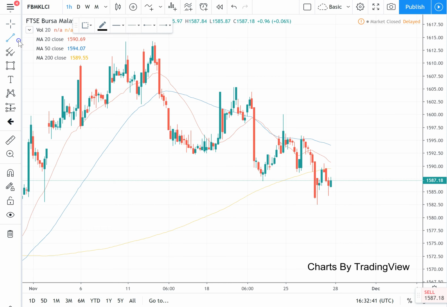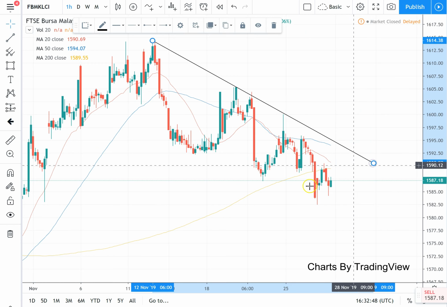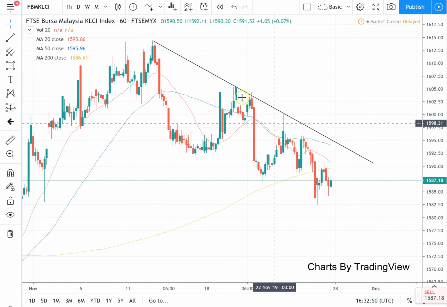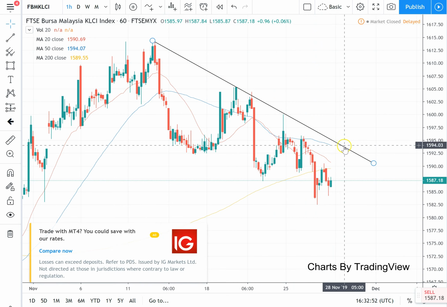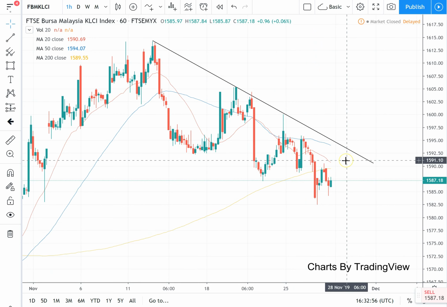Let me just draw the downtrend line for you to see. Not only did I want it to stay above the 200 MA, I want it to trade back above this downtrend line. Downtrend lines can be very useful because they can tell us that it's a change of trend.